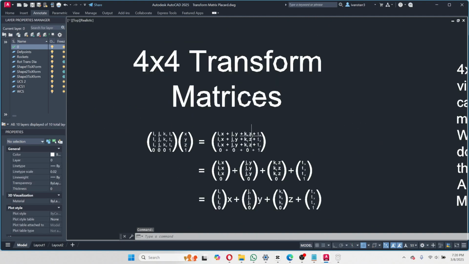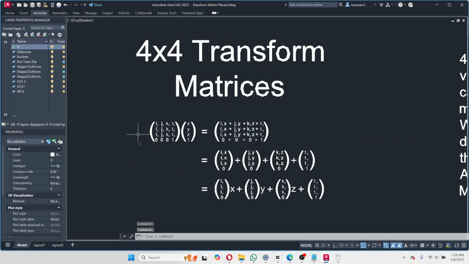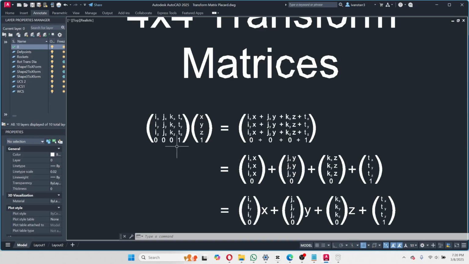And as you can see here, here's the fourth row of a transform matrix, and it's got the 0, 0, 0, 1 on its lower row. As well, when you put points in here to transform, you've got to put a 1 on the bottom here.